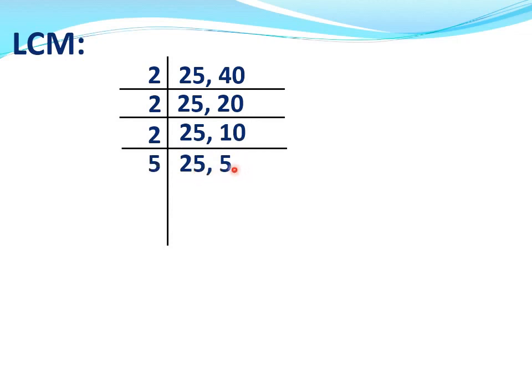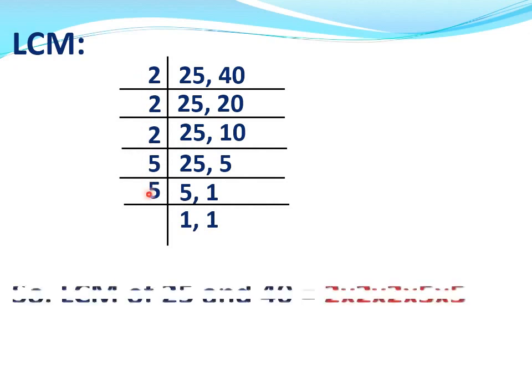These both numbers are divisible by 5. Write here 5. See, 5 multiply 5 equal 25, 5 multiply 1 equal 5. Now factorize this 5. 5 is divisible by 5. Write here 5. See, 5 multiply 1 equal 5. Write here 1 as it is. Now find the product of these prime factors.